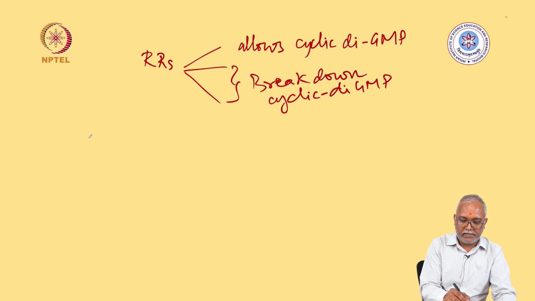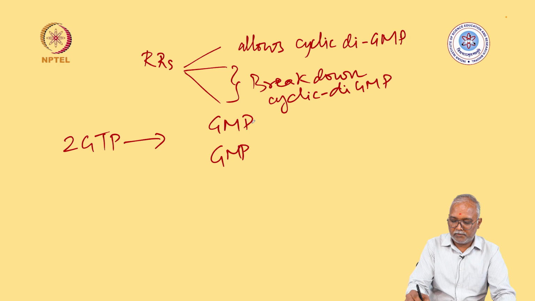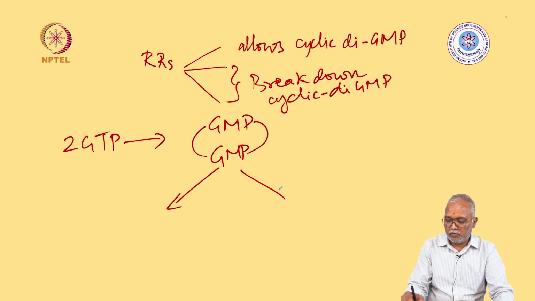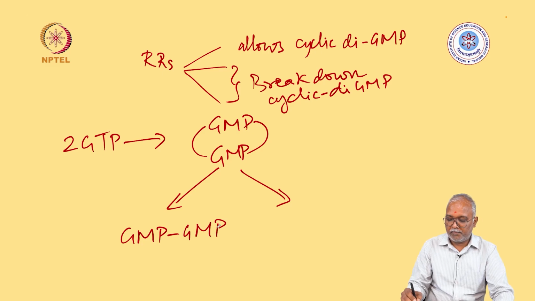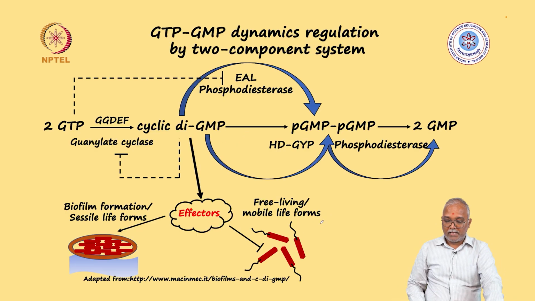And the process is linear. 2-GTP is utilized to generate this molecule, cyclic di-GMP, a cyclic nature, and you will have two response regulators. One will break down into linear di-GMP, and this will be breaking down into 2-GMP. So, let us see that in action.